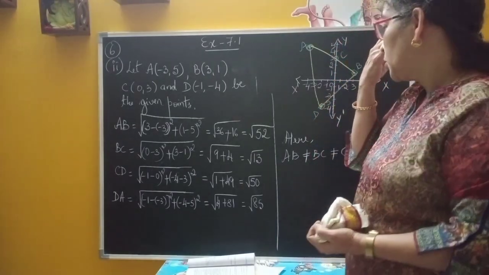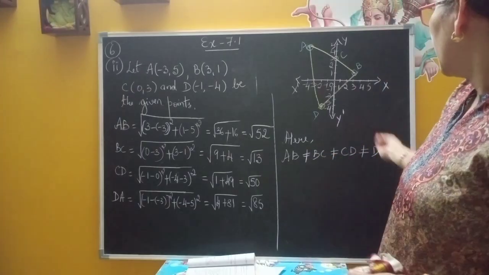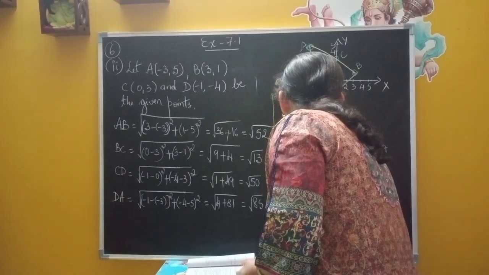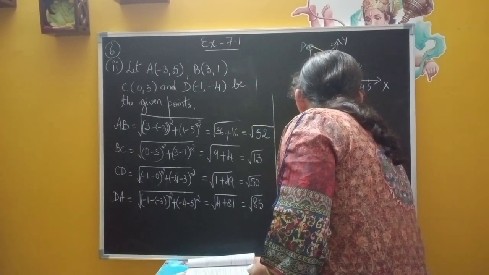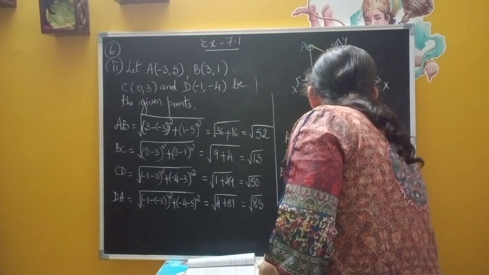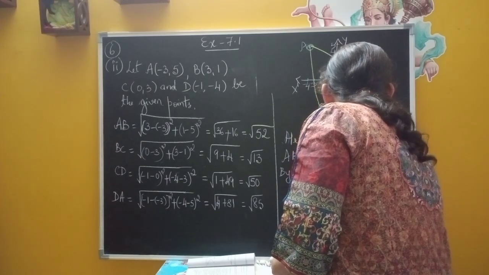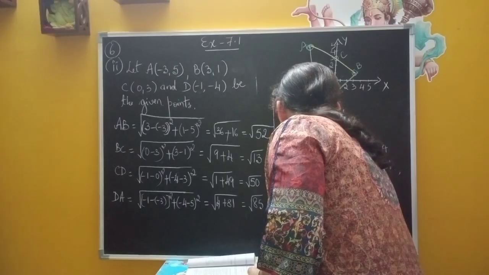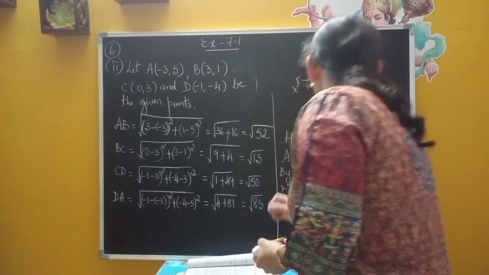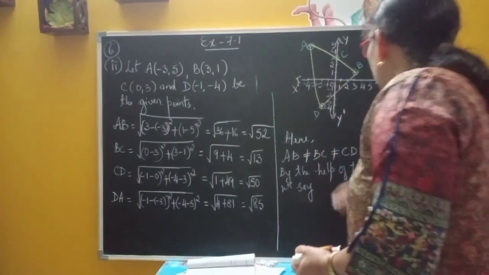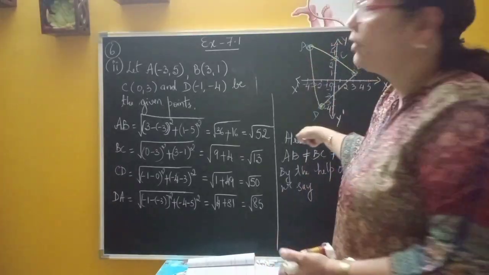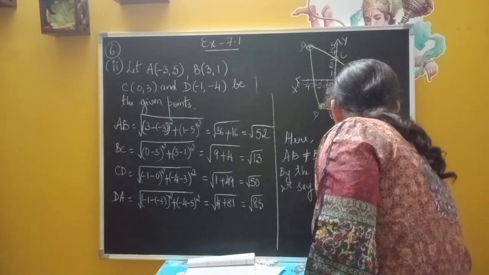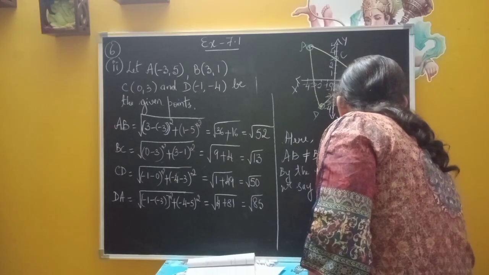Okay, so it is not a quadrilateral, and with the help of the graph we say ABCD is a triangle. Here ACBD we get actually. So ACBD is a triangle.